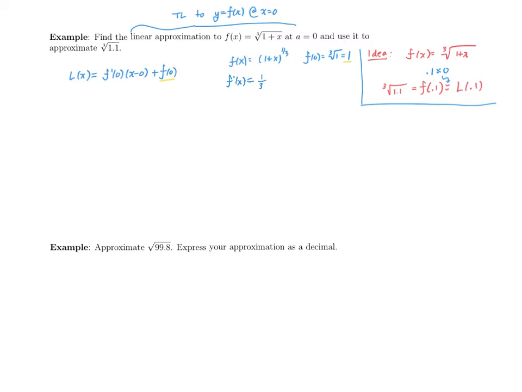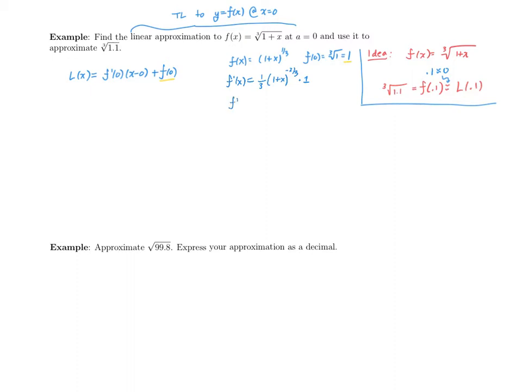Using the chain rule, we think, 1/3 comes down front. The new power is 1 less. We substitute in the inside function and then multiply by the derivative of the inside function. In this case, the derivative of the inside function is 1, so you actually don't need to write anything down. But just to make sure we're not forgetting there's a chain rule going on, I'm going to write that down.